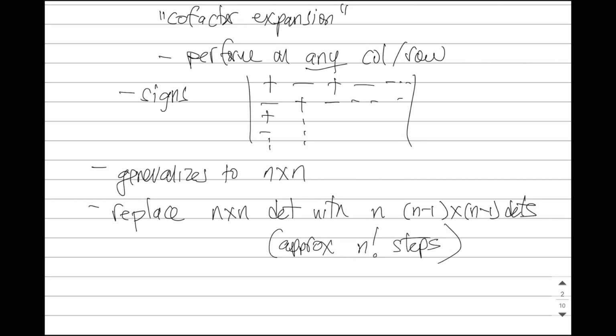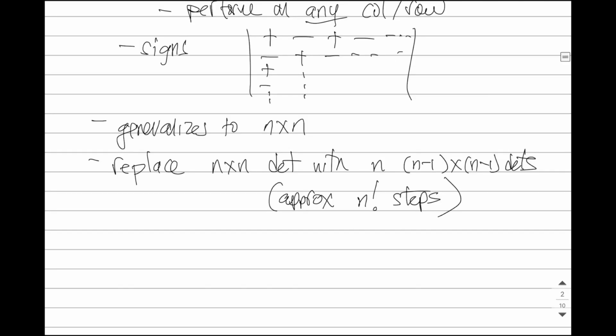Now, n factorial is a number that gets really big really fast, and in fact, for a moderate sized matrix like a 25 by 25 matrix, it would take a computer 500,000 years to compute this. So it ends up being a ton of work. We'll throw this out there as a nice way of doing things for 2 by 2 or 3 by 3 matrices, maybe 4 by 4, but beyond that, it gets really ugly really fast.